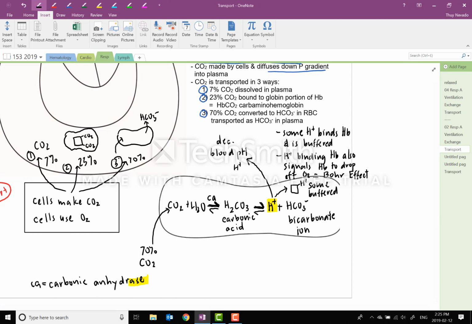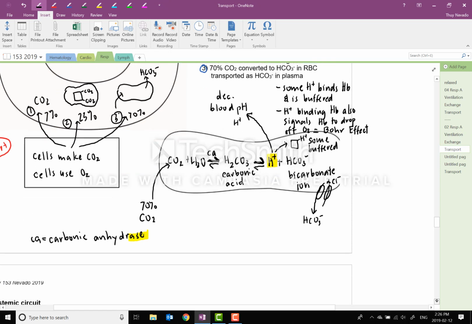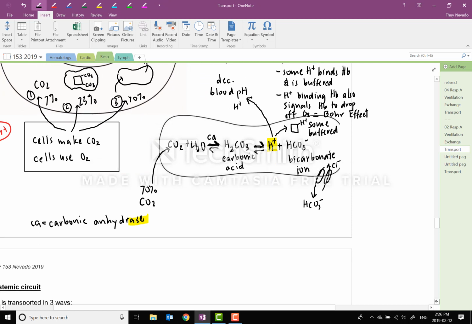The bicarbonate ion doesn't stay inside. The bicarbonate ion also leaves, but when bicarbonate leaves, it actually switches places with another ion, chloride. So when bicarbonate exits, chloride actually enters. And the handy thing about bicarbonate, not only is it really soluble, but it also acts as a buffer, and it buffers the blood.